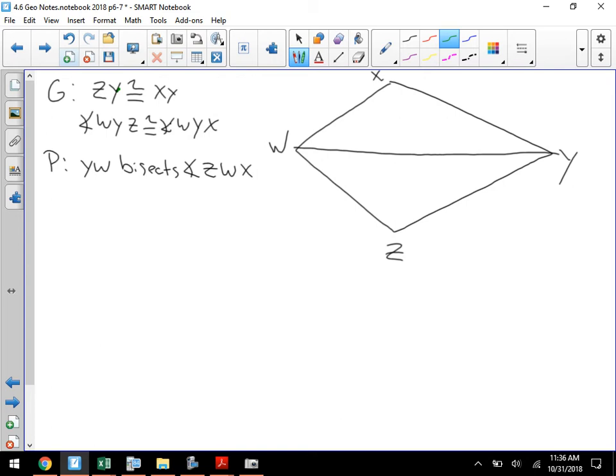I start writing out my givens and I start filling in my blanks. As you start filling in your proof itself, this becomes very evident as far as what you need to do.